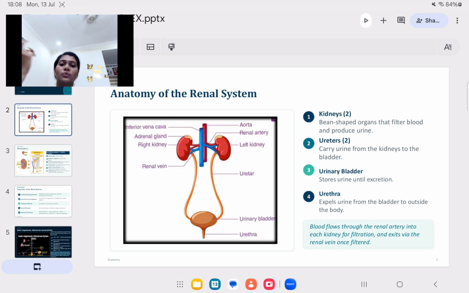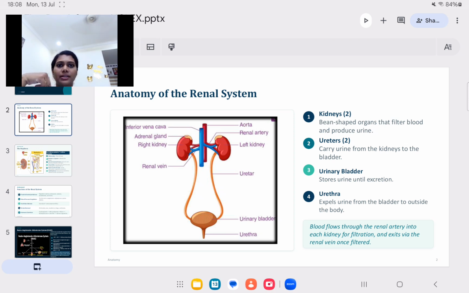Okay. So, how is the blood coming to the kidney for filtration? We already studied the circulatory system. In the circulatory system, the blood returns to the heart through the inferior vena cava, and from the aorta, the blood is pumped all over the body.